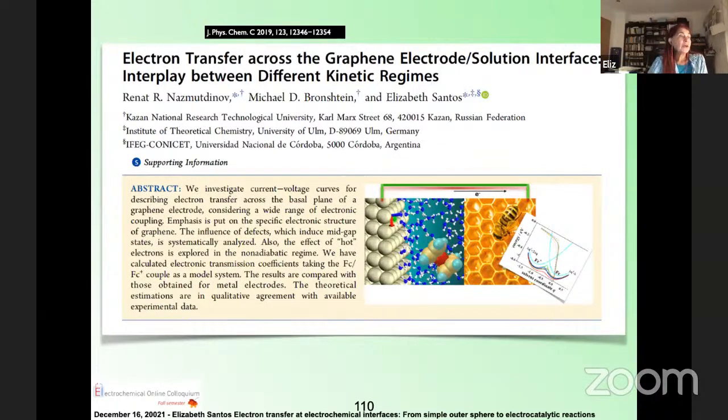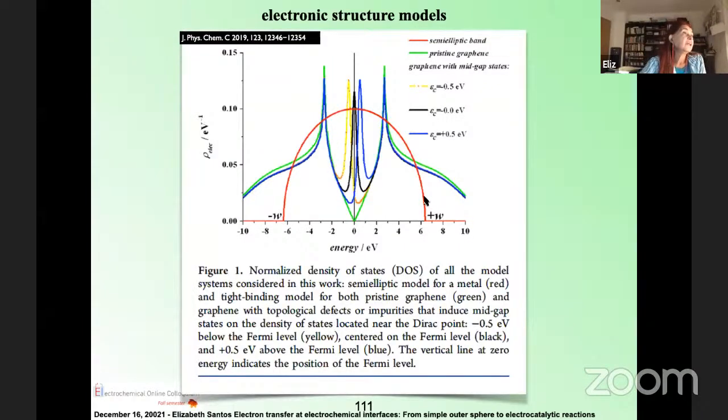Here we have also investigated, in collaboration with Reinhard Nazmutdinov, the case of electron transfer reactions on graphene in an electrochemical environment. And we have analyzed what happens with different kinetic regimes. Here it's interesting that the electronic bands are very different. This is the semi-elliptical model that we can assume for a metal.